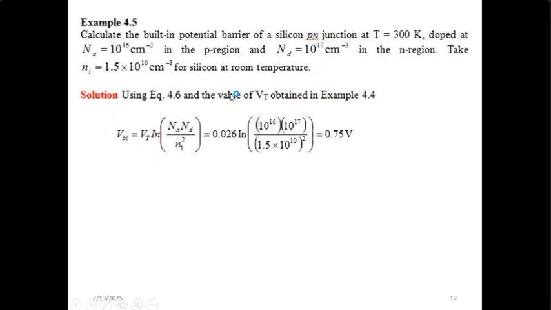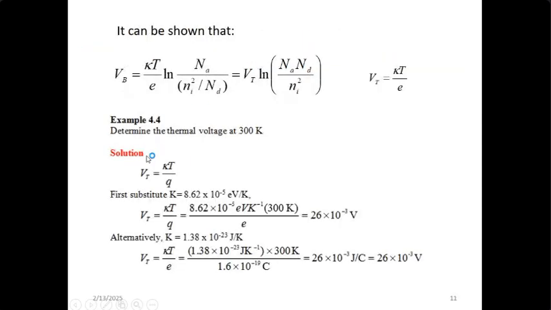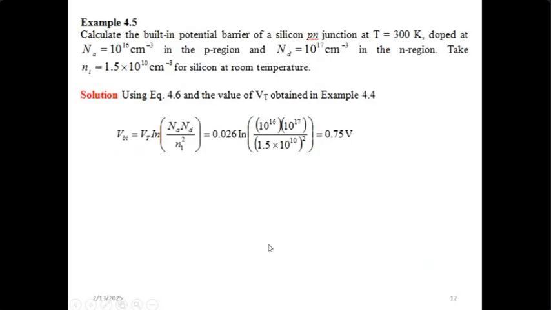So we look at equation 4.6, which is this one. This equation you can see here. When I substitute what we are given, and of course, if you remember in 4.4, we had determined the thermal voltage, is it? We just did it here. We got 26 times 10 raised to power negative 3 volts.